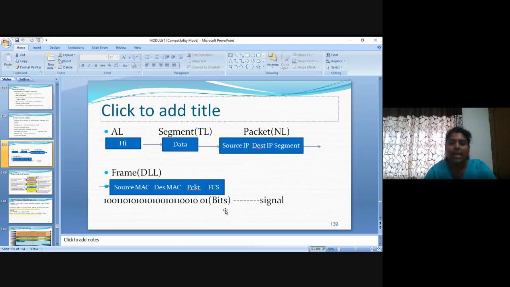Okay, now the application layer at the receiver side makes the sender's message visible on the screen of the receiver. If two people are communicating, I have just written the word "hi". Now, what are the processes taking place at the sender side and the receiver side? The data from the application layer is segmented in the transport layer.